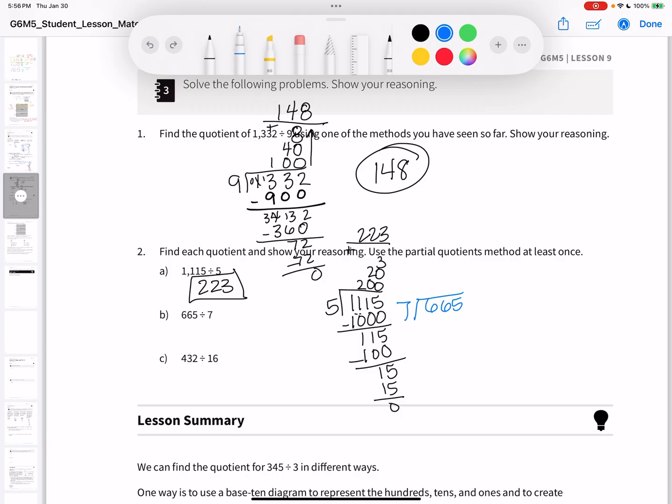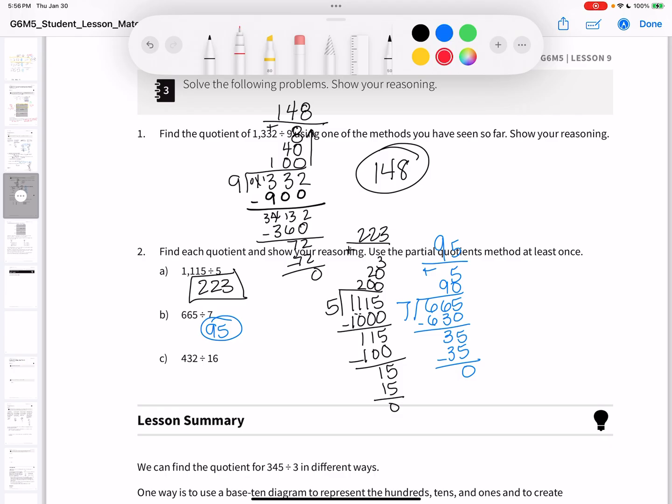So let's do 7 times 90 to get us 630. Subtract it out, that's 5, that's 3. Ooh, and I know 7 times 5 is 35. And that gets me 0. So then I add this up and get 95. So 665 divided by 7 is 95.